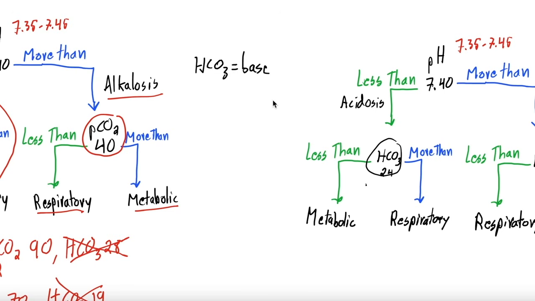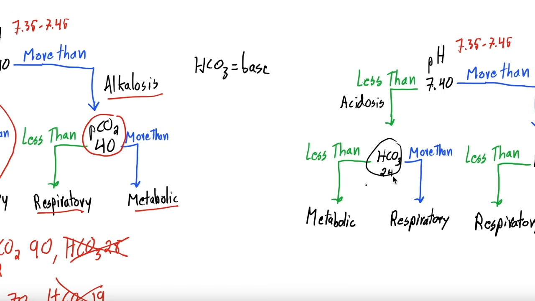So if the bicarb is low and you have less base and you're acidotic, that's metabolic because your low bicarb is causing that, as you can see here. Whereas if your pH is low and you're acidotic, but your bicarb is high, that is conflicting with the pH, because if you have more base, more bicarb, you would expect the pH to be high and basic.